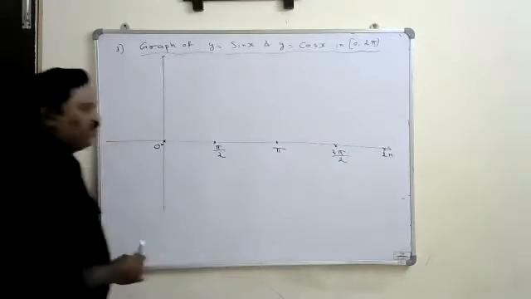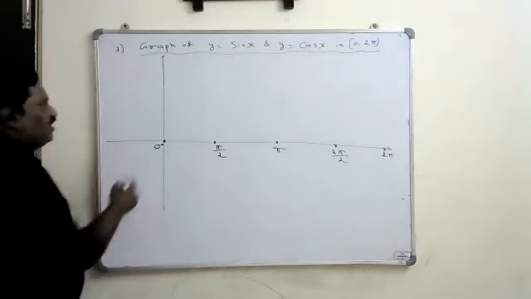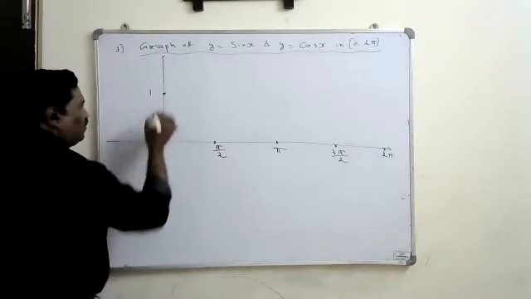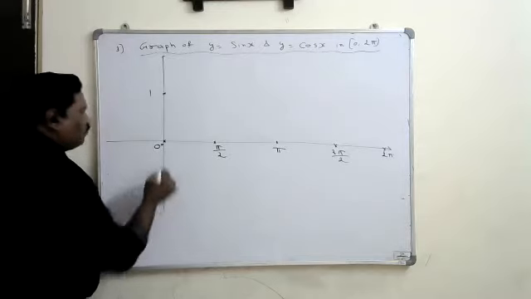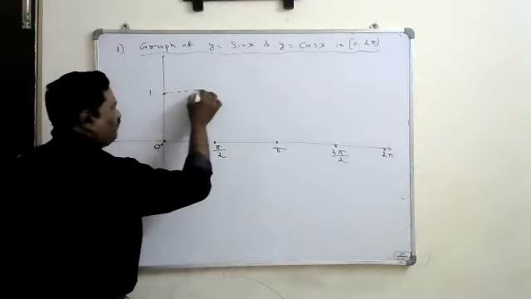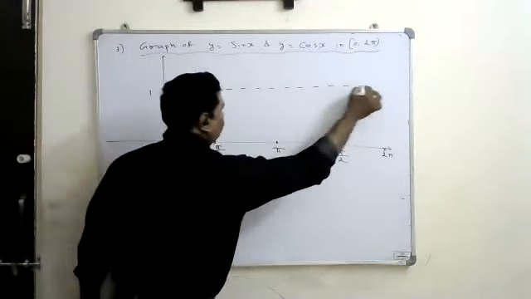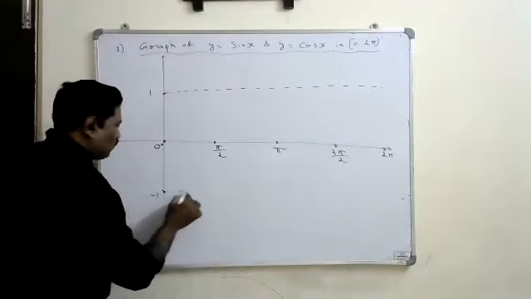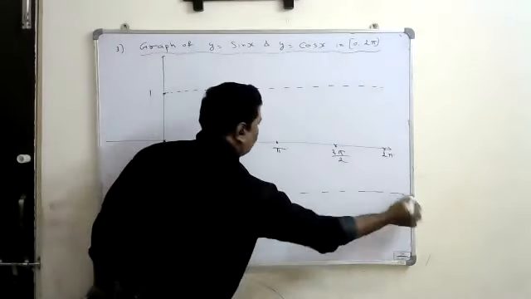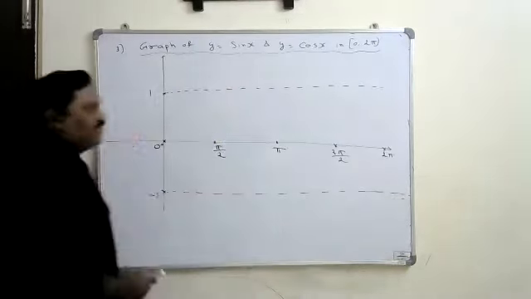The scale is pi by 2 length, and the maximum value of both functions is 1 and the minimum value is minus 1. So both graphs oscillate in between these two lines only.